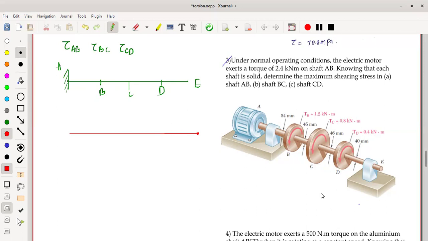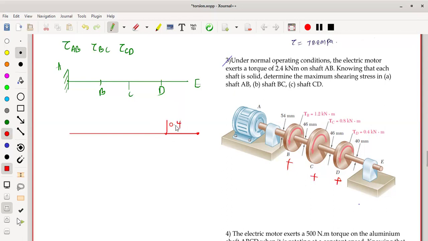One more thing, here you have to indicate it is positive, and it is also positive. So every value you have to consider according to the direction. So if it is positive, you have to take the opposite direction. So at D we have a torque of 0.4.